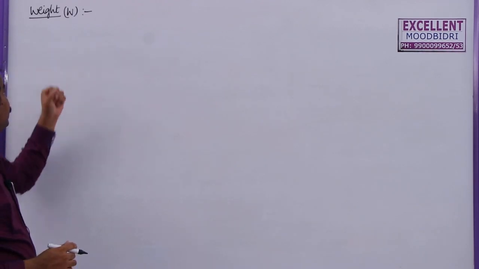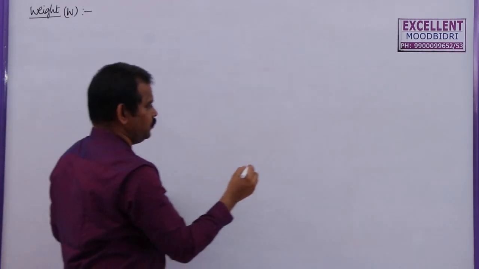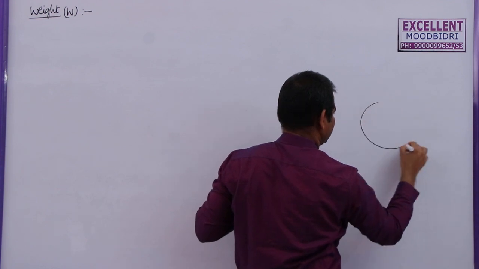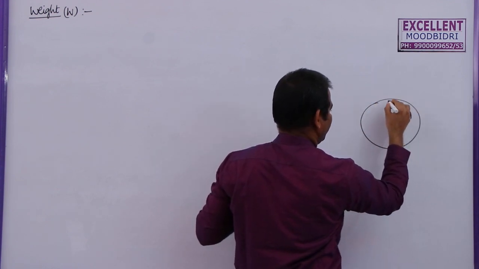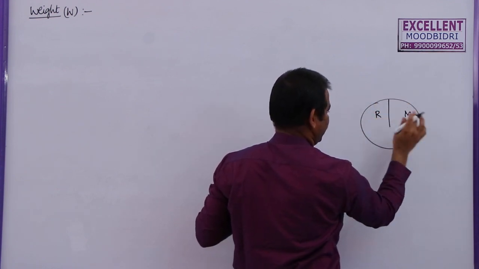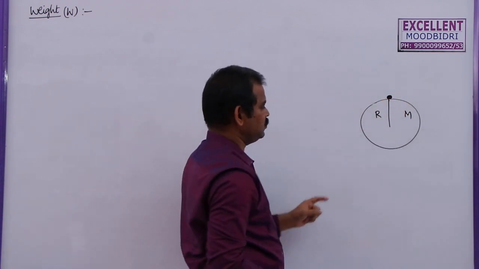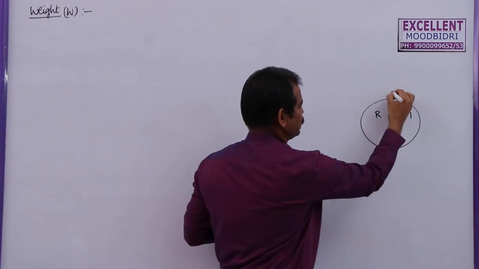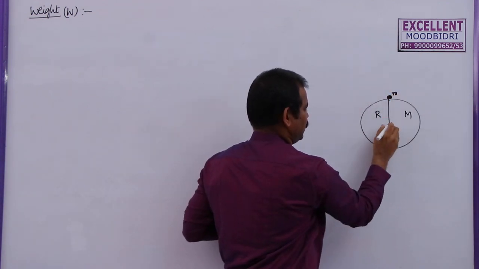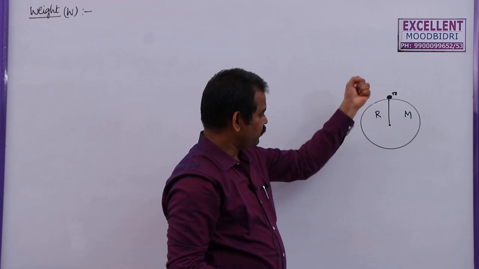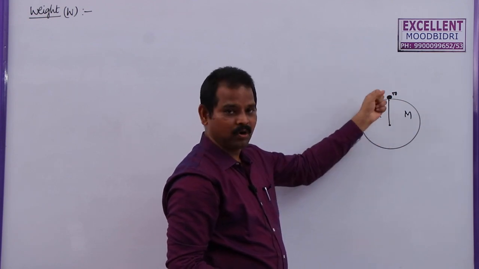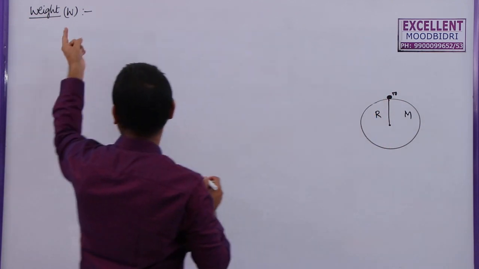Next one, weight W. What is this weight? If you take our earth of mass M and radius R, and if you keep any body here, there exists a force of attraction between this body of small mass m and the earth. The force with which the earth attracts this body towards its center is called the weight of that body.